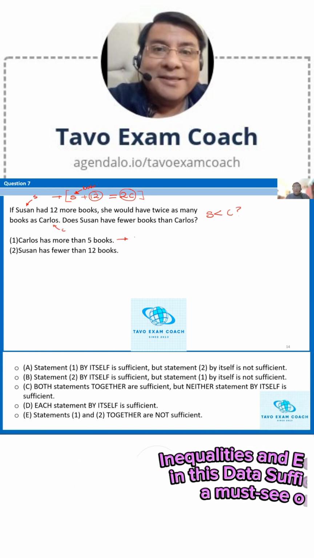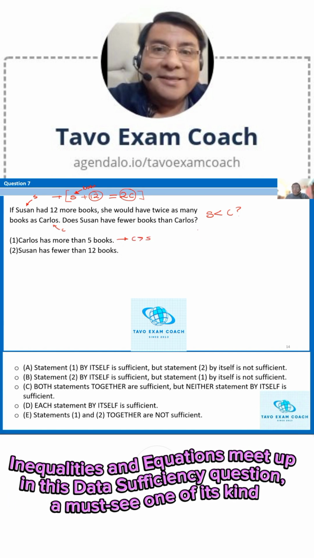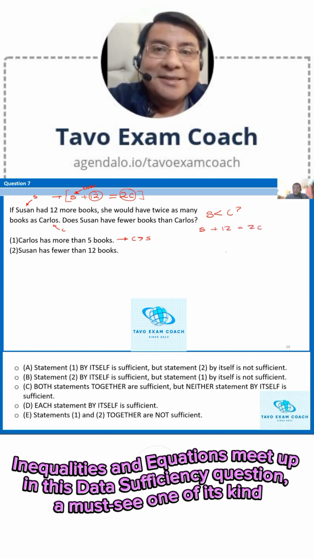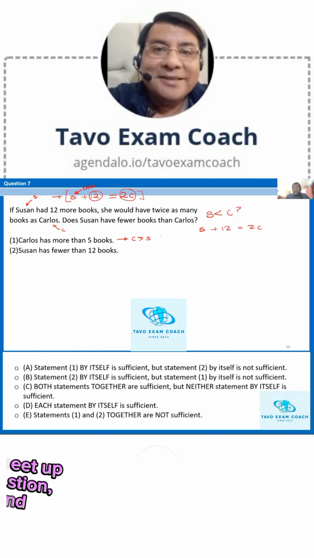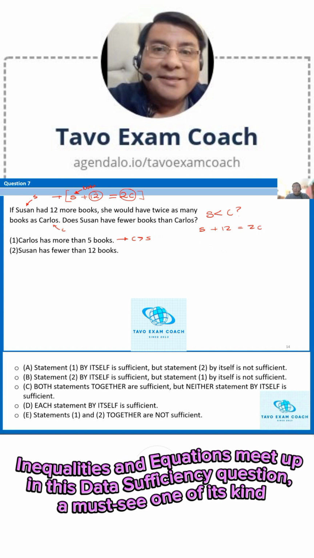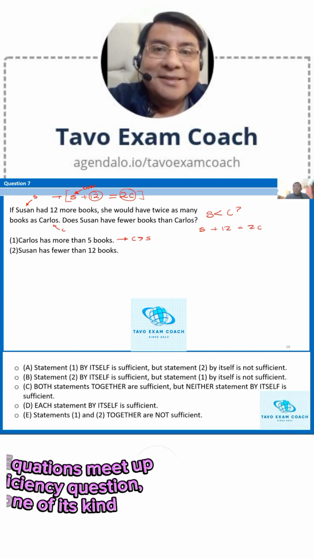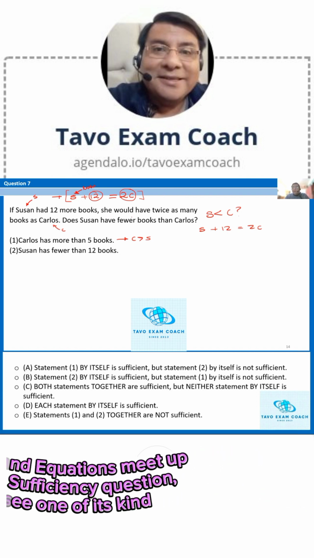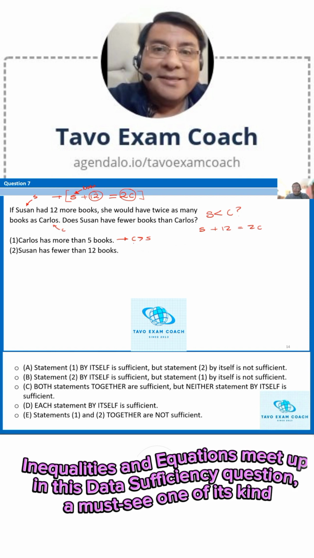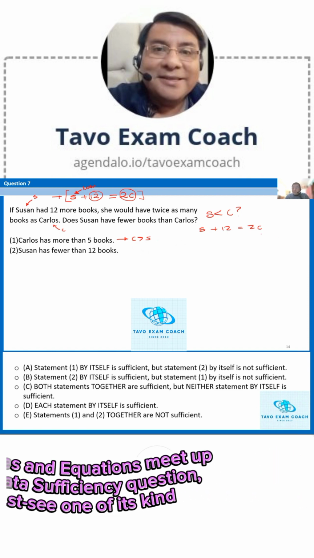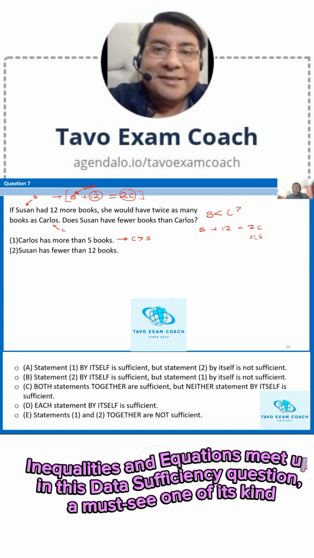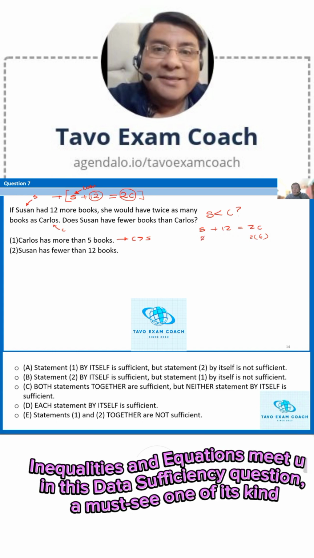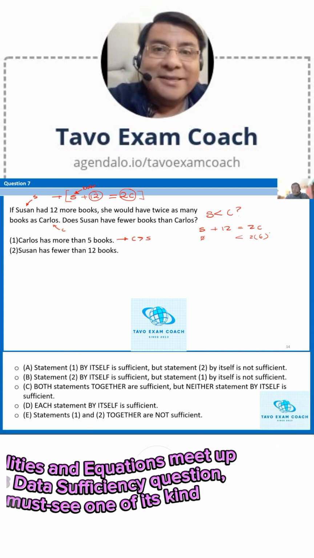Carlos has more than 5 books. Okay, considering that this is our scenario that connects the two variables' values, if C is greater than 5, considering that Susan's books have to be even, what happens if Carlos has 6 books, for example? 2 times 6 would be 12, and this would make the number of books for Susan 0. 0 is less than 6.